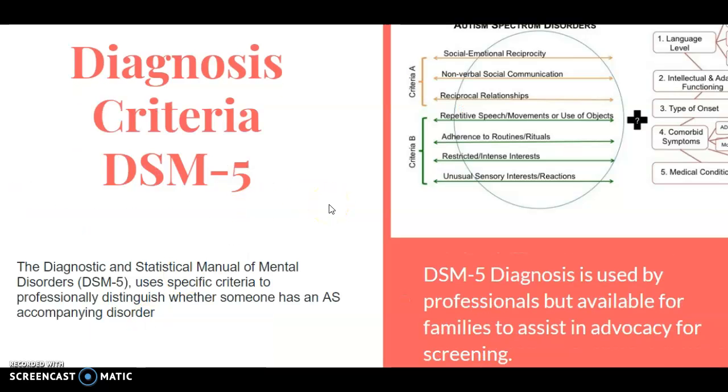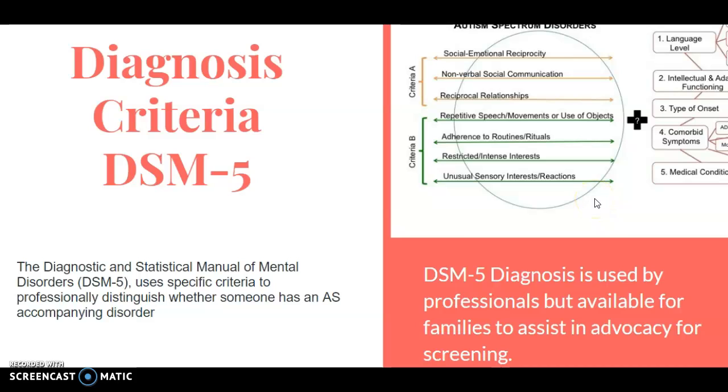The diagnosis criteria that is used is the DSM-5. This is the Diagnostic and Statistical Manual of Mental Disorders, and the picture shows roughly what the criteria are. Someone who is formally diagnosed with autism spectrum disorder needs to show each of these criteria in varying degrees.